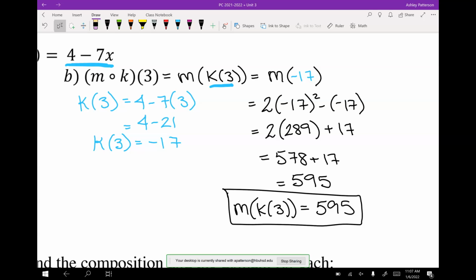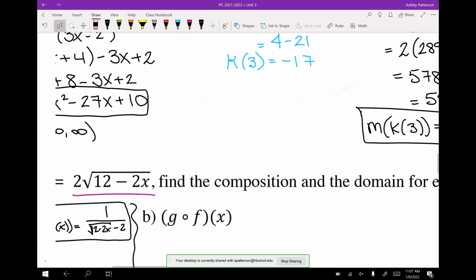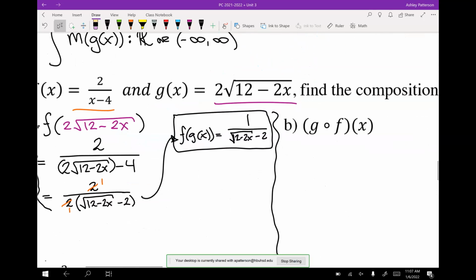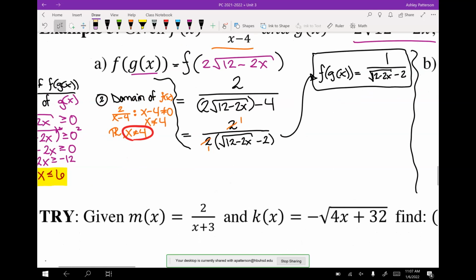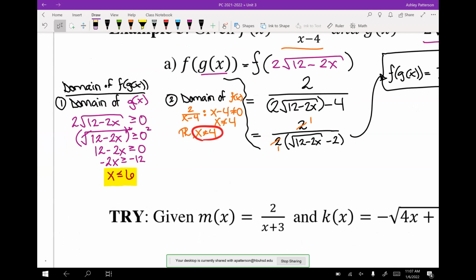Okay, so what we do in step number 3 is we're going to take our first function, which is 2 times the square root of 12 minus 2x, and we're going to set it not equal to the restriction of the second function.